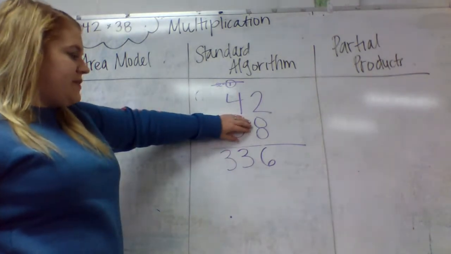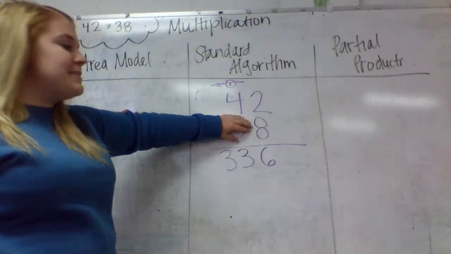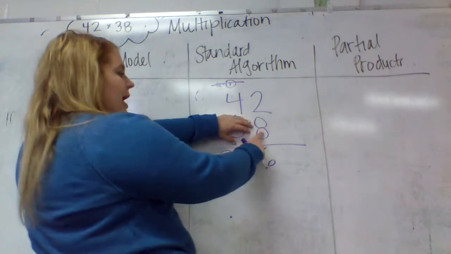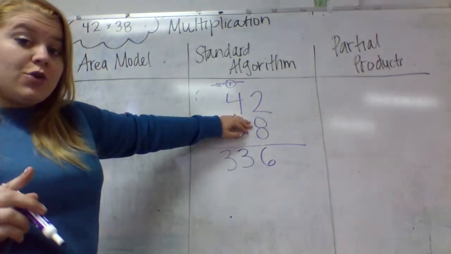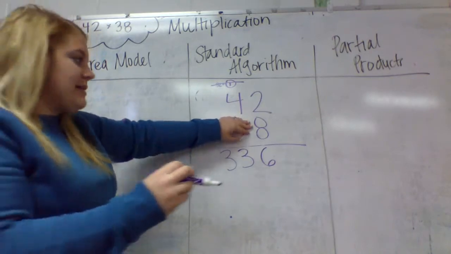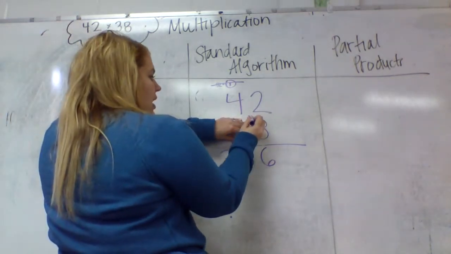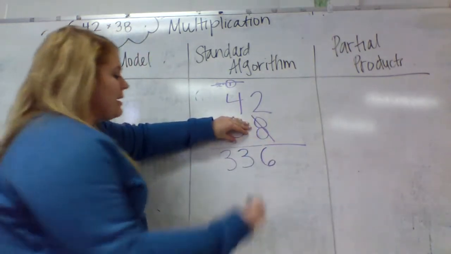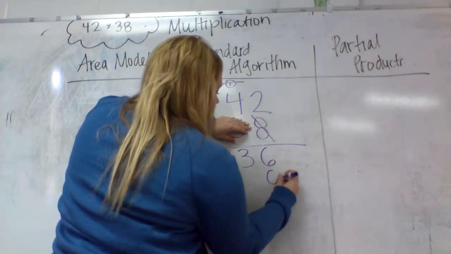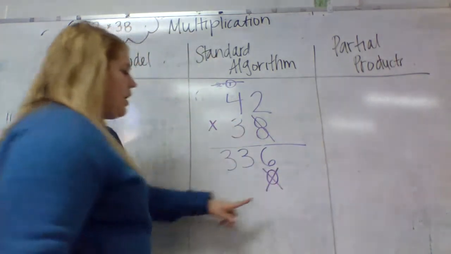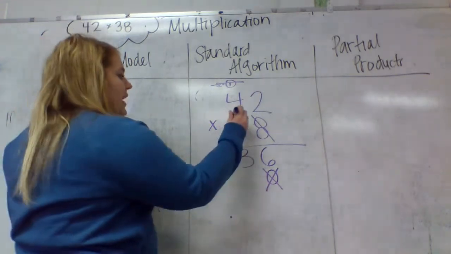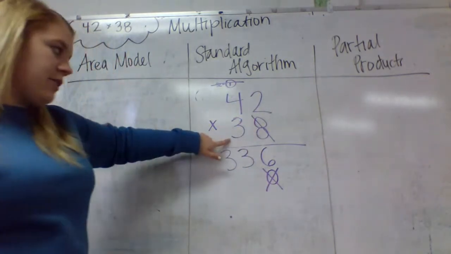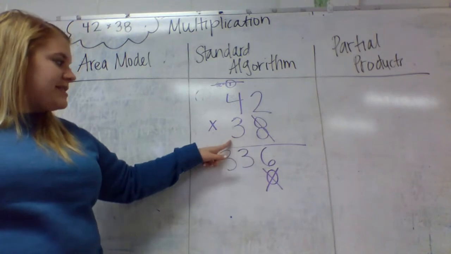So right now what we've done is 42 times 8. I have multiplied this 8 everywhere that it can. When I do this step, there are two things. When my ones are done, I can get rid of that 1, but then I need to drop down here under my 6 and put a 0, because even though I'm now going to be multiplying out a 3, it's a 3 in the tens place.